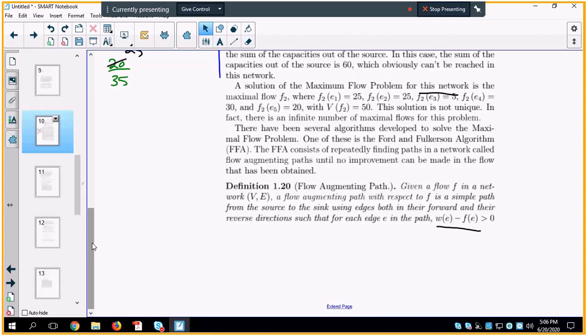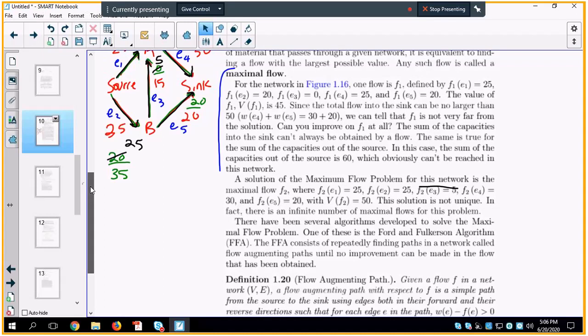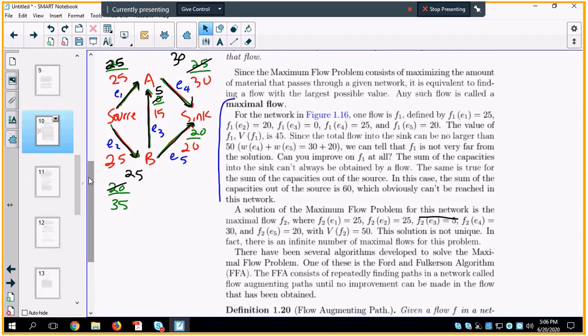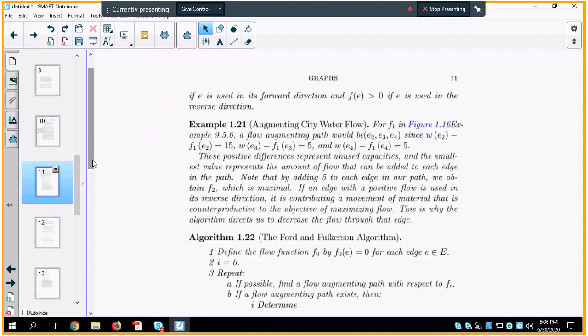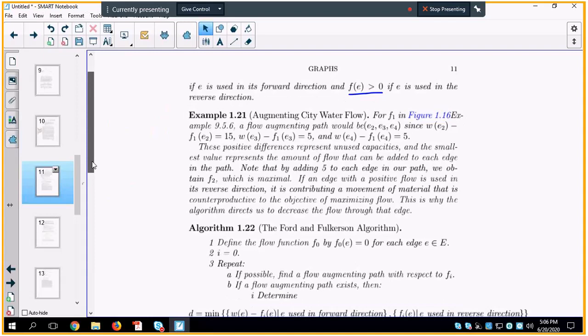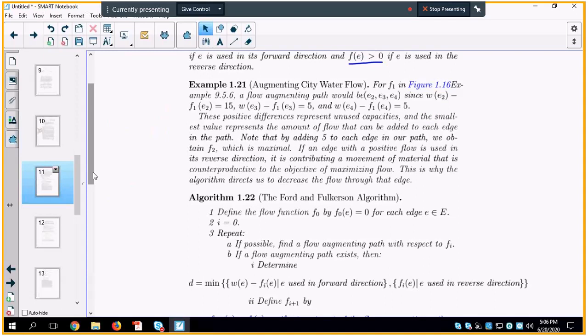So that is to say, if there's room, if there's extra capacity that's unused, then we'll see if we can send more through there. And if the edge is used in the forward direction, the flow augmenting path requires that f of E is greater than 0 if E is to be used in the reverse direction. Again, we're going to work through some examples, so it'll become a little clearer what we mean here.